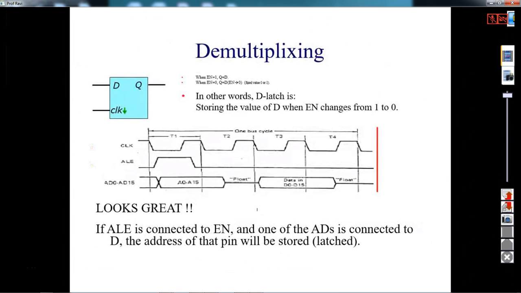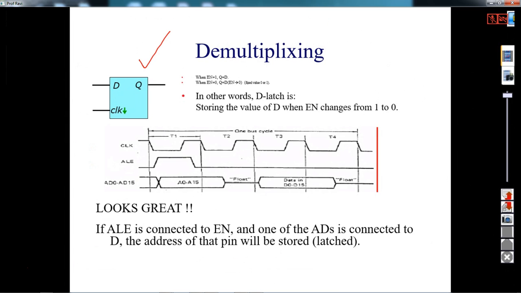So what we do is demultiplex the address bus from the data bus. The address should be there for the whole bus cycle, but the processor gives the address for only 0.2 microsecond, so we need to separate the address and data. That can be done by connecting a D flip-flop.